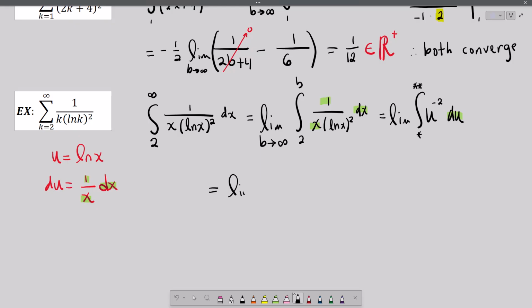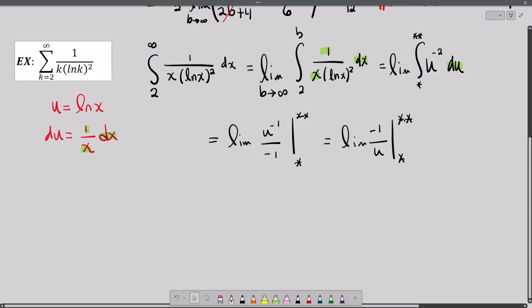So we still have the limit, and this is going to be u to the negative 1 divided by negative 1, with placeholder limits. So we're going to have the limit of negative 1 over u, placeholder limits.